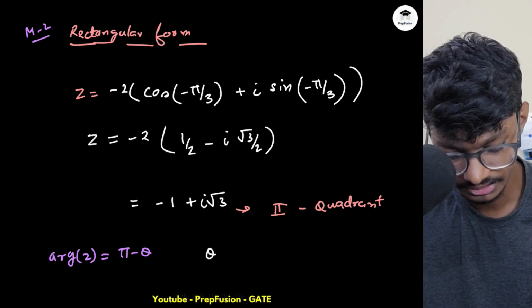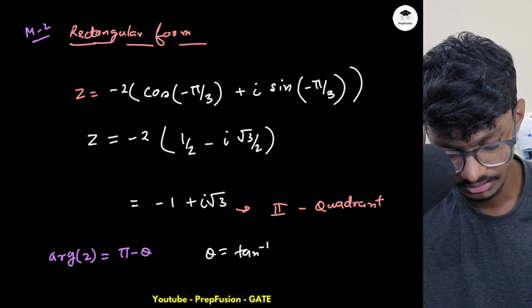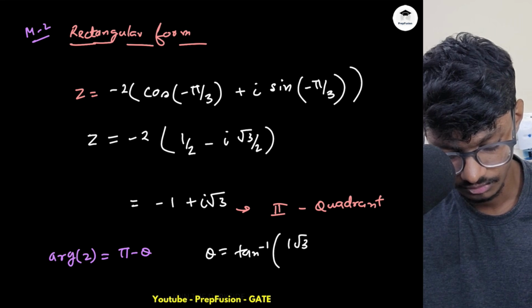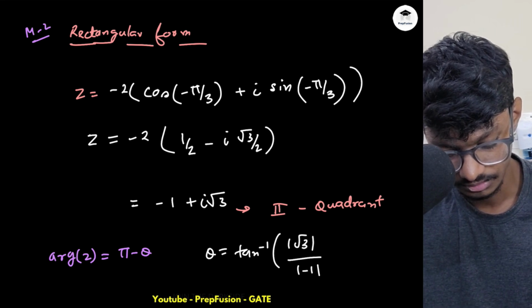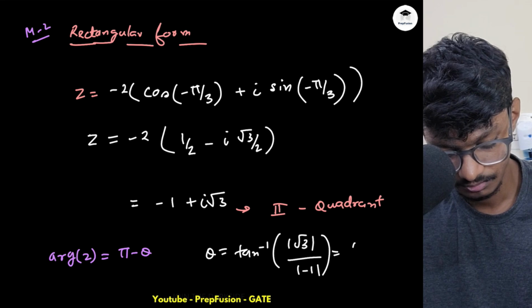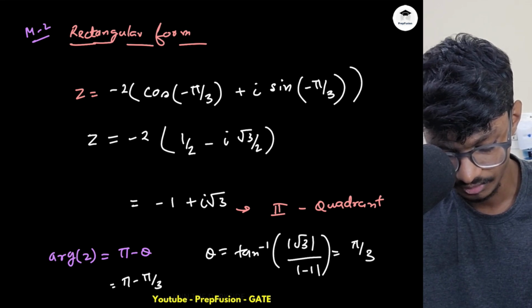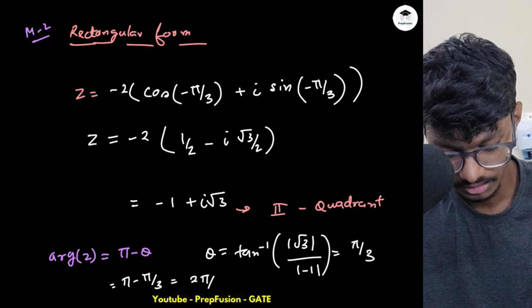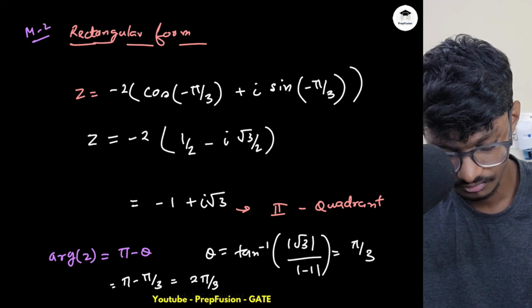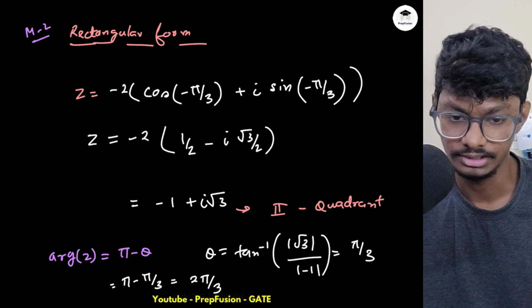So what is my theta in this case? Theta is tan inverse of mod of root 3 by mod of minus 1, which is pi by 3 itself. So it will be pi minus pi by 3, which is 2 pi by 3, exactly what we got in the previous case. This is how you get the answer.